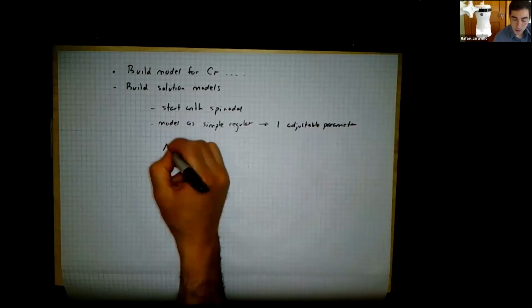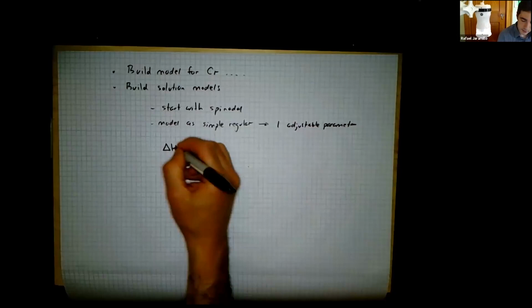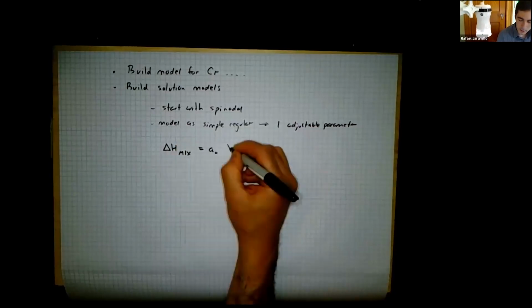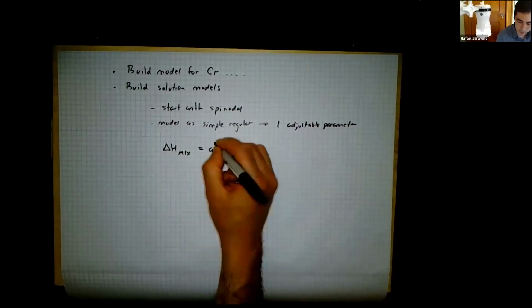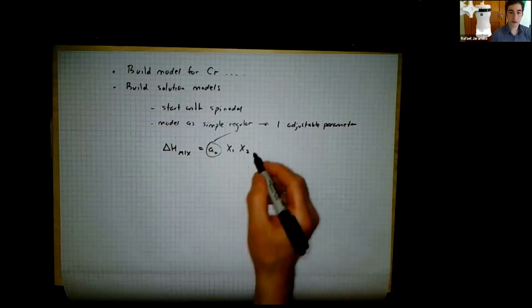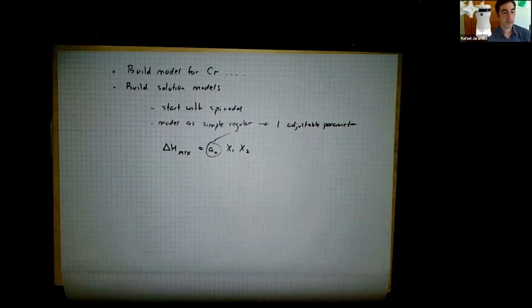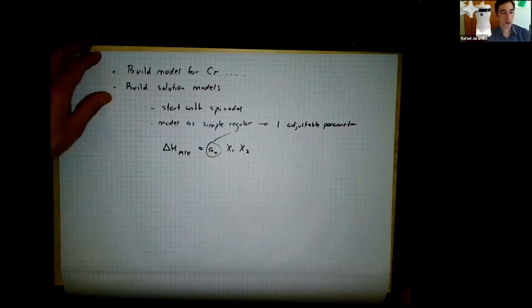Delta H mix equals A naught X1 X2. One adjustable parameter, right? You know that. All right, so now we're going to grab that data from Thermo-Calc. How do we do that?